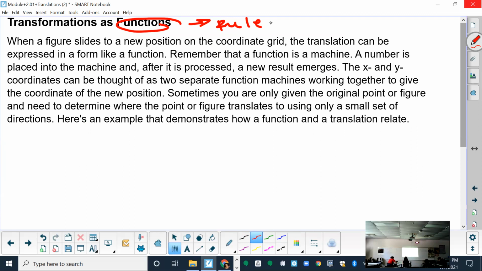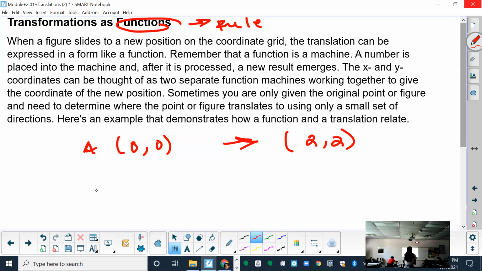So if I'm translating A, maybe my first A coordinate was 0, 0, and it becomes 2, 2. That means I'm adding 2 to the X value and the Y value.